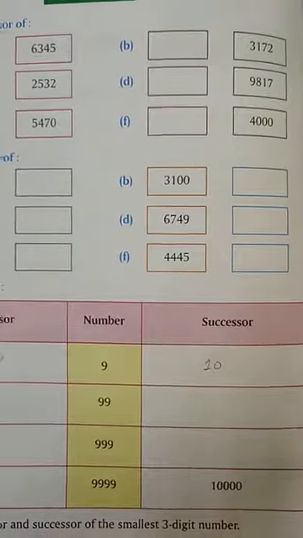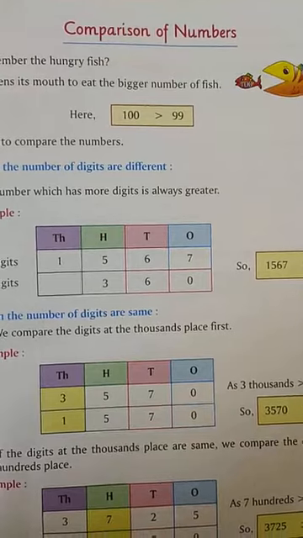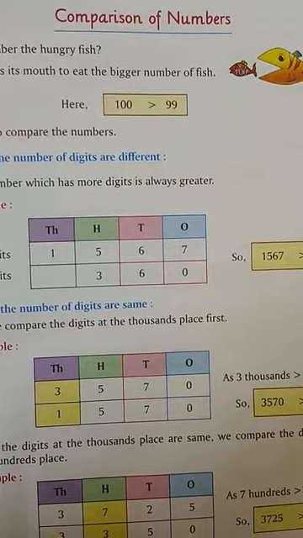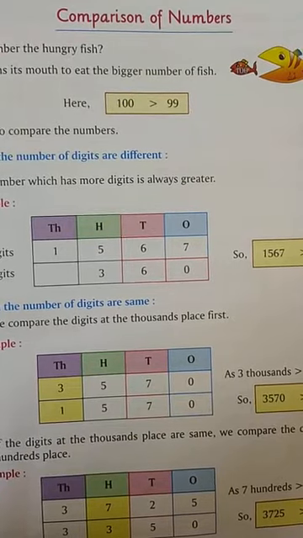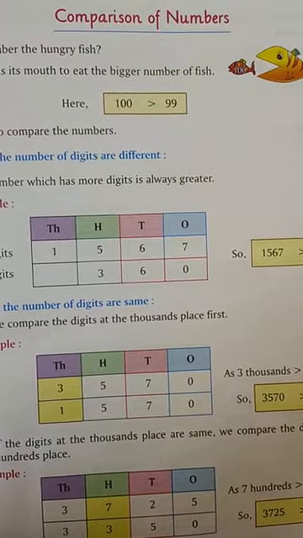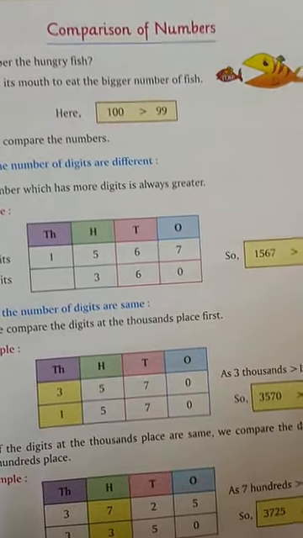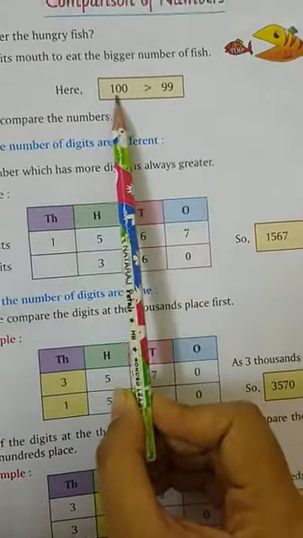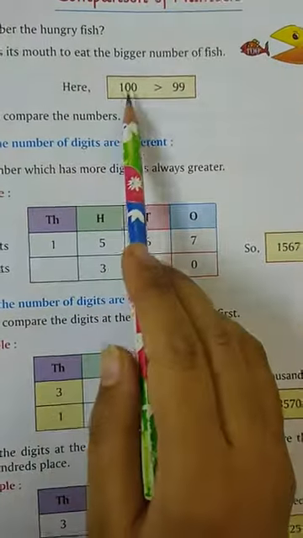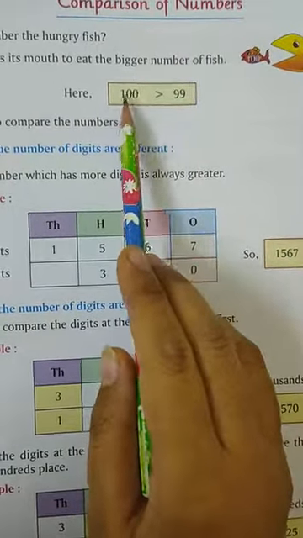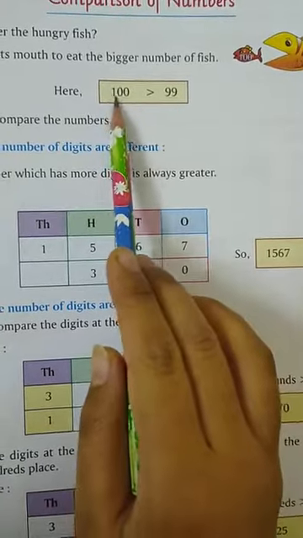Clear? Next topic is comparison of numbers. This also you have studied in your previous classes. So try to understand this for 4-digit numbers. You already know that 100 is greater than 99 because the number which has more digits is the larger number compared to the one which has fewer digits.